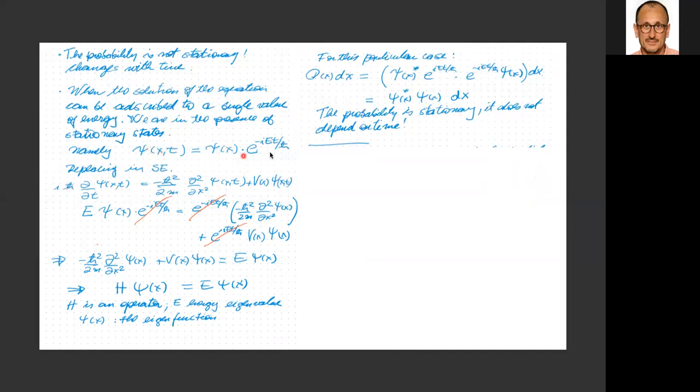Let's take this equation and plug it into my Schrödinger equation in one dimension. I take the derivative here, and the derivative with respect to time gives you E on this side, and twice the derivative with respect to position on this side gives me the corresponding term.